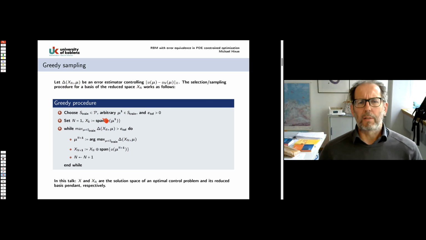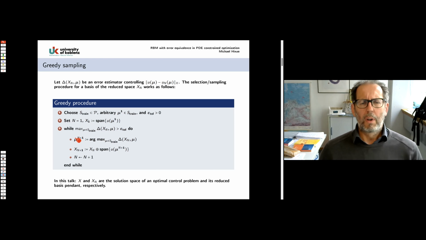Then it's clear if one has a training set, a set of parameters, one starts with a parameter in the training set, picks up the true solution to the parameter, then one gets a one-dimensional space, and then one wants to find a mu such that this estimator on this training set is maximal.